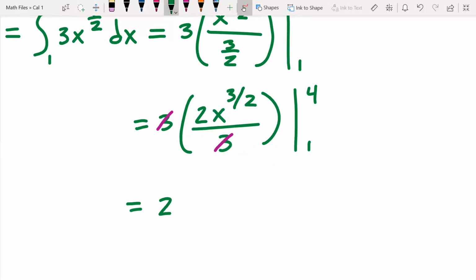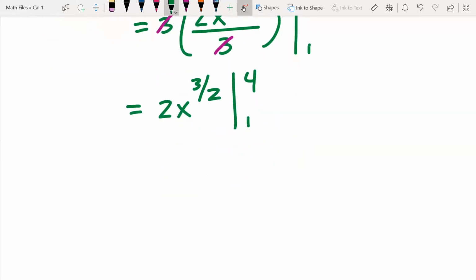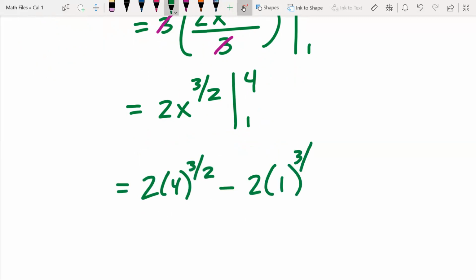And we get 2x to the 3/2 evaluated from 1 to 4. Okay. Evaluate 2 times 4 to the 3/2 minus 2 times 1 to the 3/2.